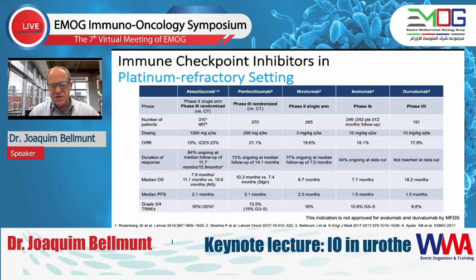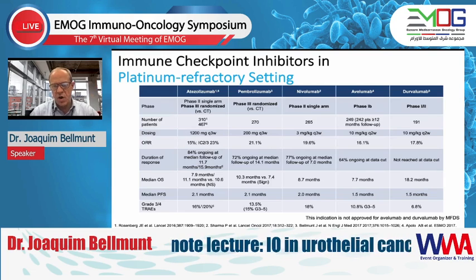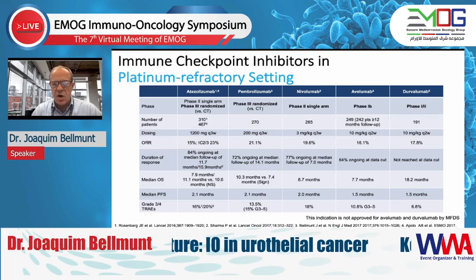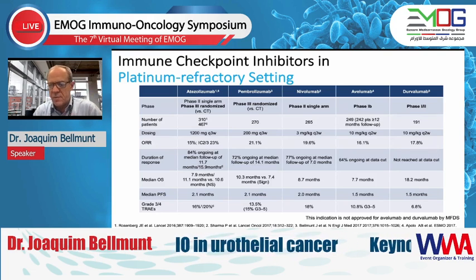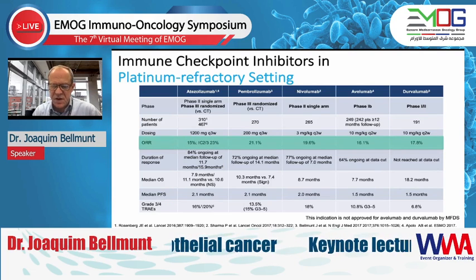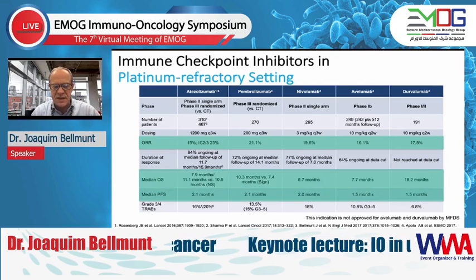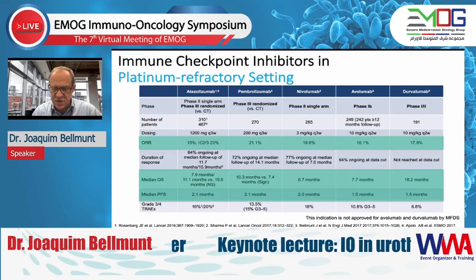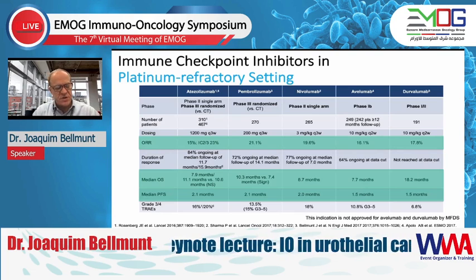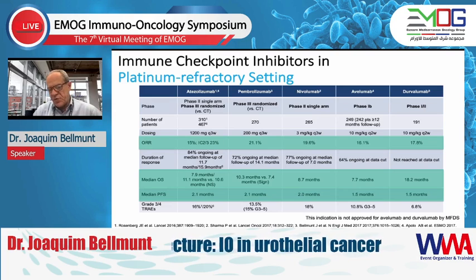Let's review the first trials. Those are the first trials that led to the approval of all these 5 agents in patients who failed platinum-based therapy. As you can see here, all these 5 drugs, atezolizumab, pembrolizumab, nivolumab, avelumab, durvalumab, provide around 20% responses to our patients. Not a huge amount of responses, but the best thing is that these were good quality responses, meaning that some patients got responses that were long lasting, and now we know that there are patients surviving beyond 3-4 years.